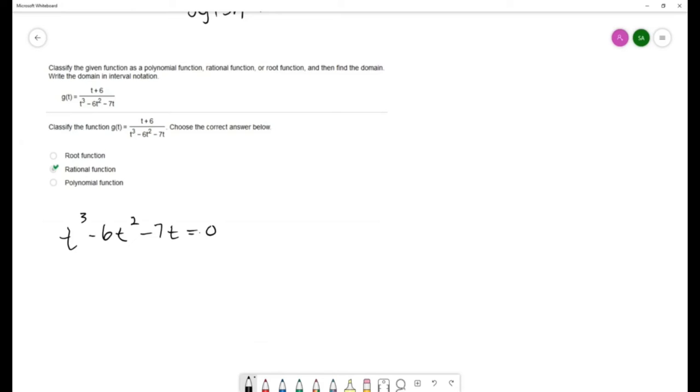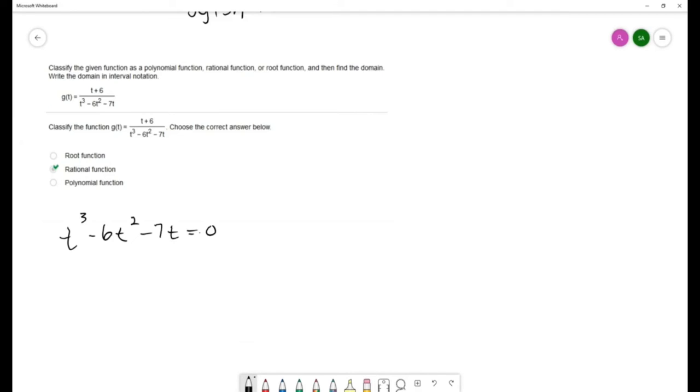Now the reason why we're setting it equal to 0 is because having a 0 in the denominator is undefined. And that would mean that if it's undefined, then it can't be in the domain. So we're going to take whatever expression is in the denominator, we're going to set it equal to 0 and solve that equation to figure out what values we need to exclude from the domain.